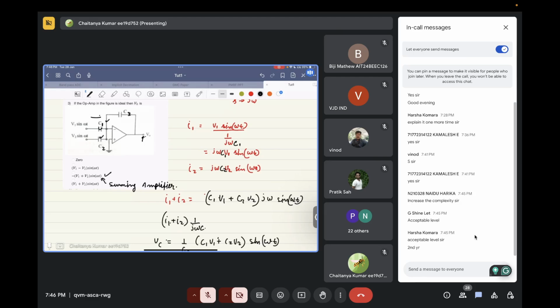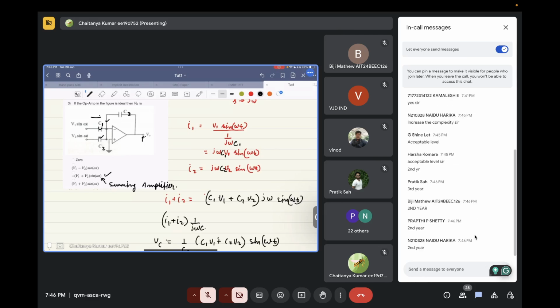Second year. Okay. What about third year, second year, first year? So, mostly I think are either second or first year. Am I correct? Okay, so mostly second and first year.